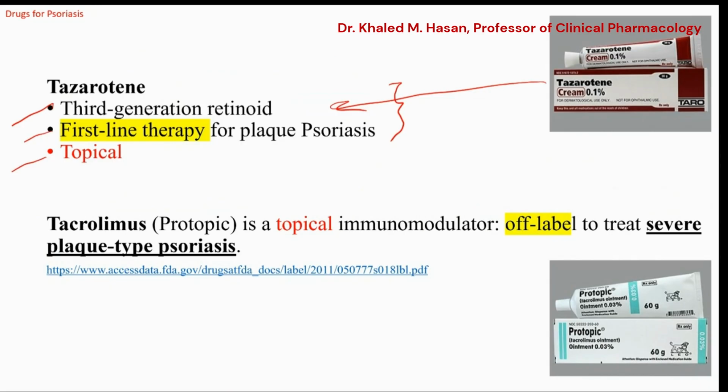Tacrolimus is a topical medication with off-label use for severe plaque psoriasis. So for plaque psoriasis, Tazarotene is approved for treatment, and off-label we have tacrolimus. So two medications here, we can add them: tacrolimus and Tazarotene.